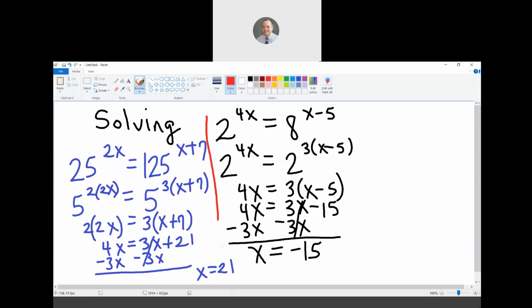Let's look at one more exponential equation. Let's say we have 1/3 to the x power equal to positive 9.